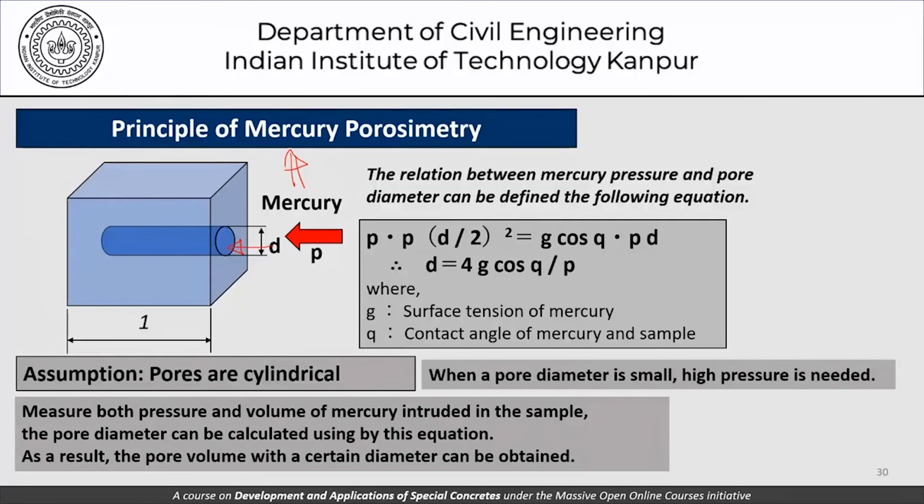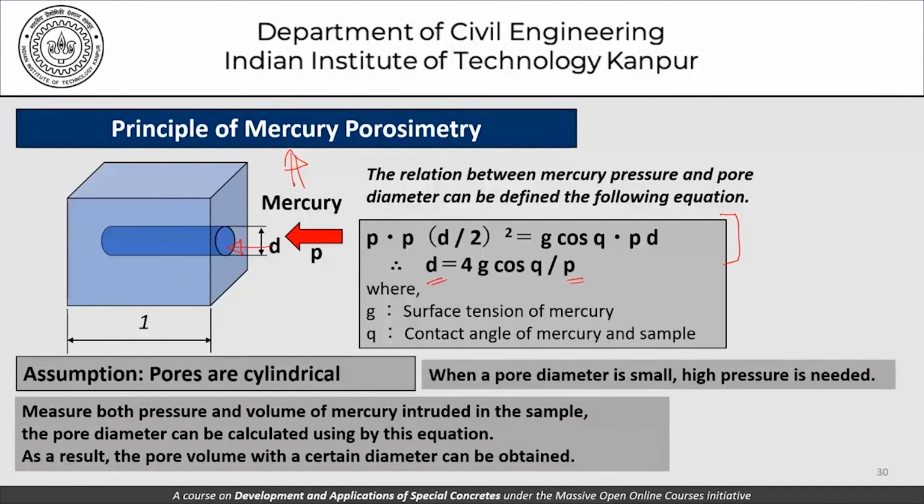Now the ease with which the mercury goes in is inversely related to the diameter of the pore. So we have to increase the pressure in order to ensure that the mercury penetrates into smaller pores. And this is the equation that governs or tells us about the diameter of the pore which will be filled for the pressure that we apply.